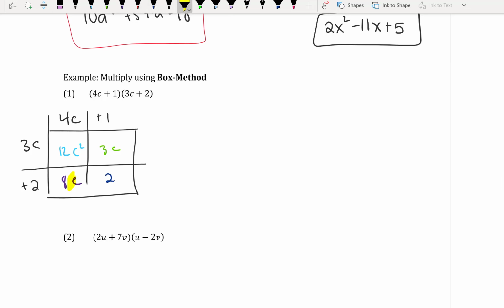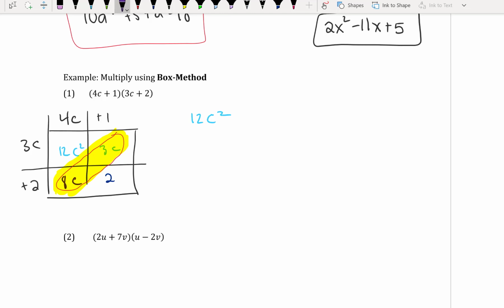And the cool thing about this is that usually your diagonal, those are going to be your like terms, so you can add these things together. So you can add your 8c plus your 3c. So this ends up becoming my 12c squared.